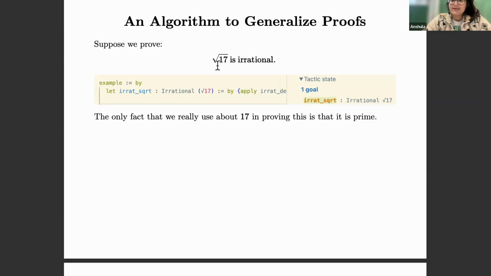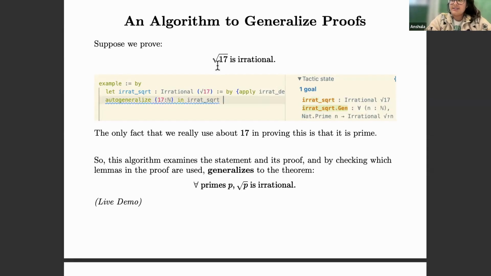You would find that really the only fact you use about 17 in proving this theorem is that 17 is prime. And so this tactic will take in this formalized proof and generalize it to the theorem that for all primes, the square root of that prime is irrational.